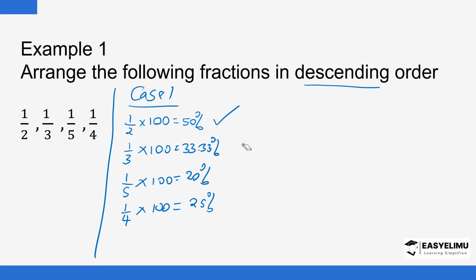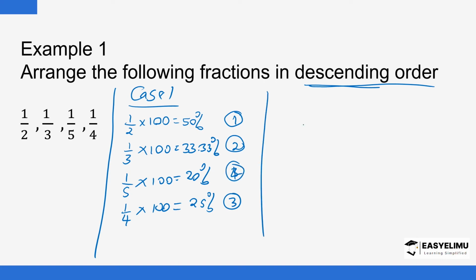So maybe you could number them. Position 1, remember we are supposed to be arranging them in descending order, meaning from the largest to the smallest. So this will be occupying position number 2. Then this will be number 3, the 25%, and finally number 4 will be the 20%.